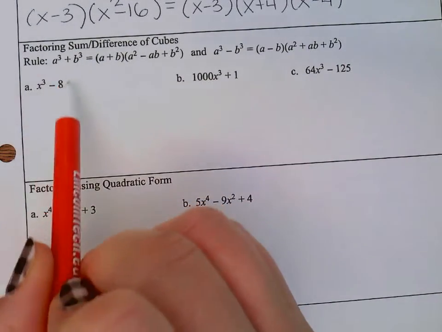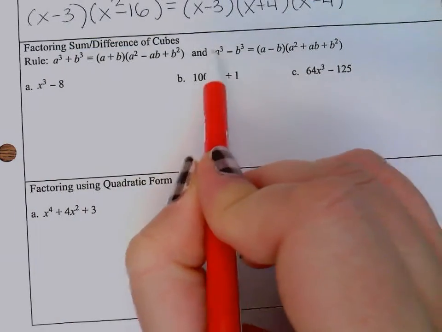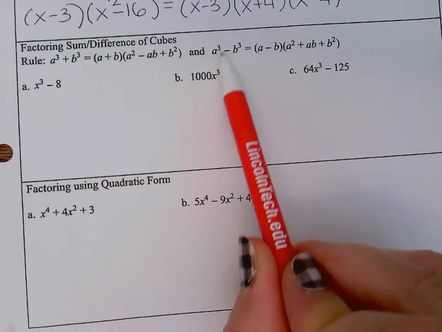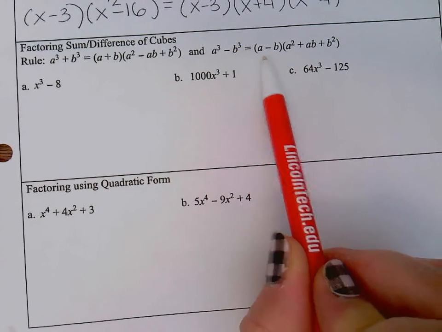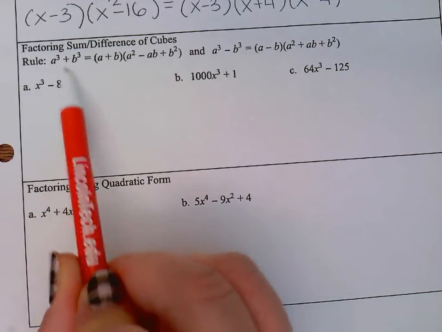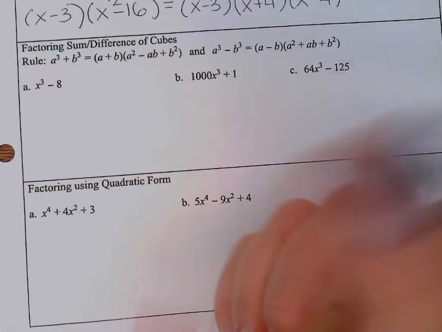So what you do to go from, this is a difference of cubes, we're going to use this difference of cubes formula. So what does it say to do? It says basically to get rid of the cubes and just write a minus b as part of your factors. So to get rid of the cubes here, I would have x, and I would just have -2, right?